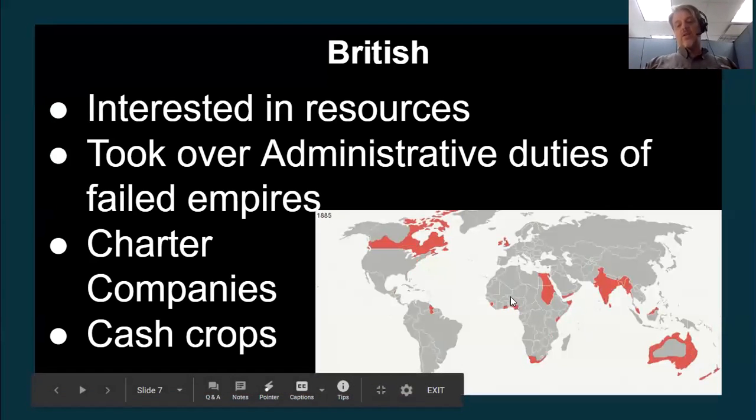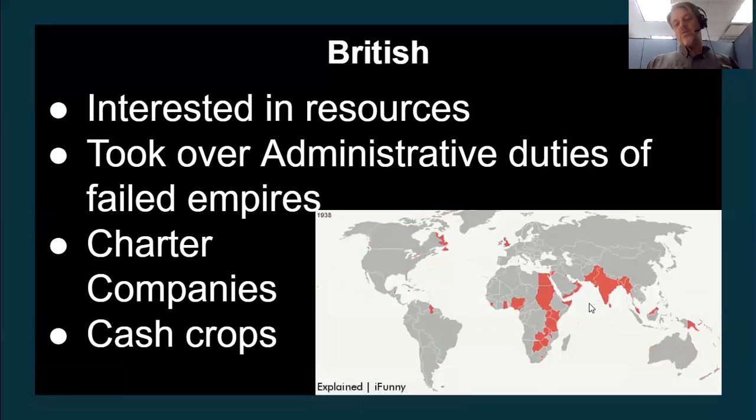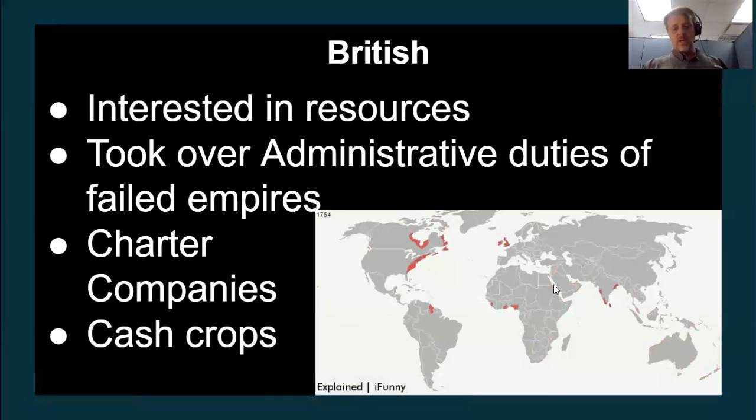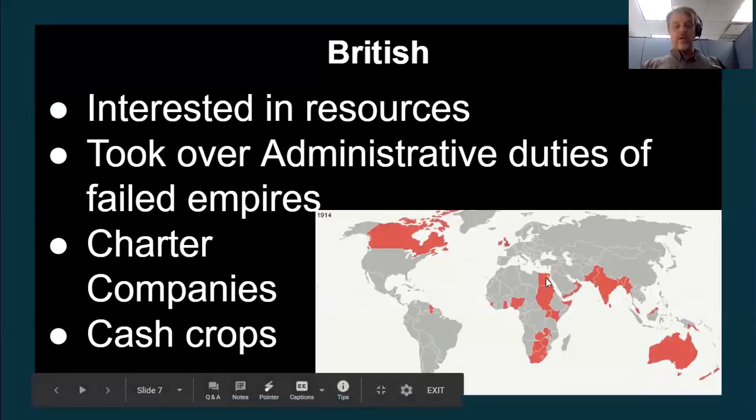So they didn't really take that over. The Dutch East India Company kind of took over that. And then when the Dutch were having their own internal problems as well, the British East India Company ended up taking over that. And then after World War I, the fall of the Ottoman Empire, the British ended up taking over the Ottoman empires administratively.